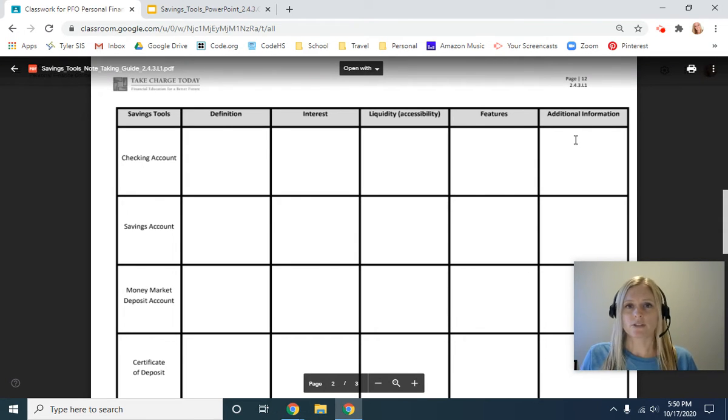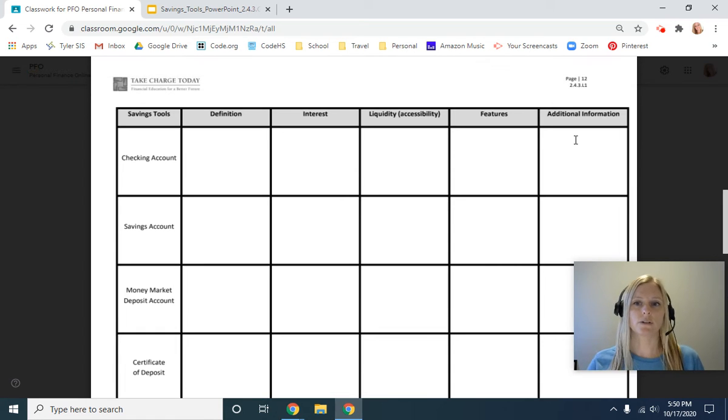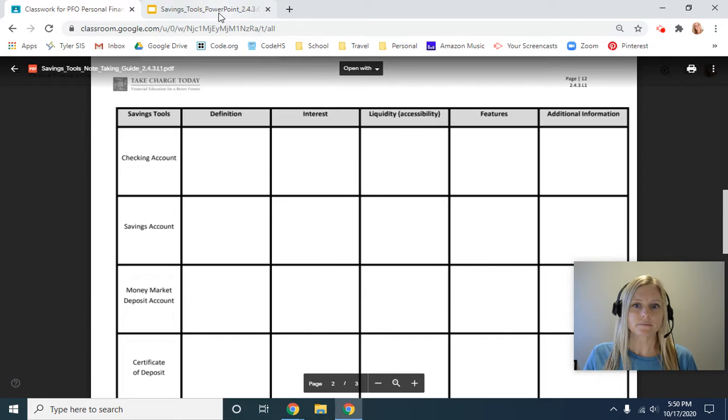I'm not sure why there's a separate column called additional information, but you probably won't see anything labeled additional information on the slides. Just use that if you need extra space for the features column.